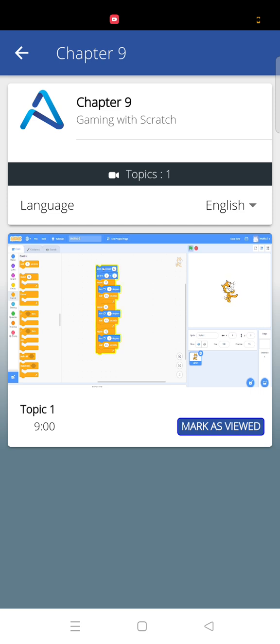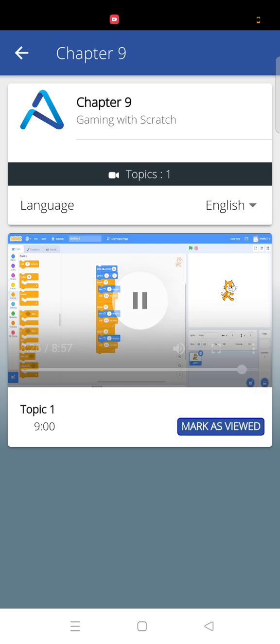See, now we can see that the cat is moving very slowly. First it moves 5 degrees anti-clockwise 10 times. Then it moves 5 degrees clockwise 20 times. Again it moves 5 degrees anti-clockwise 10 times.